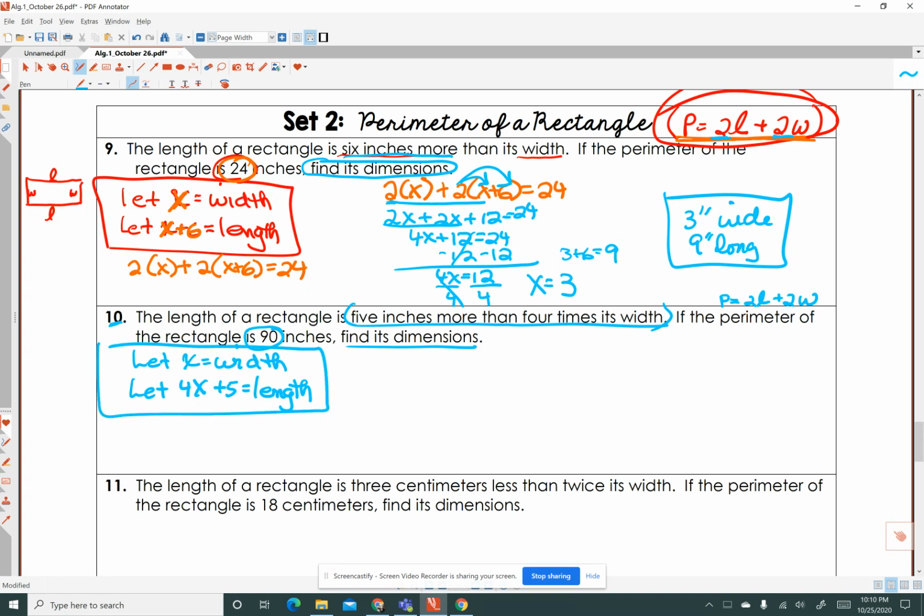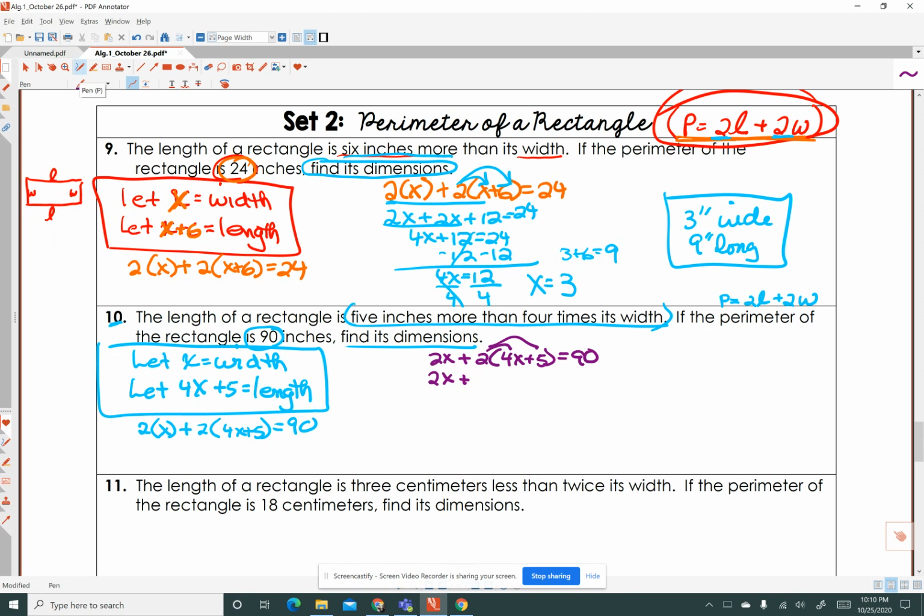Now our equation, remember, 2 times length plus 2 times width. So it would be 2 times x plus 2 times (4x plus 5) equals 90. So let's rewrite that up here. 2x plus 2 times (4x plus 5) equals 90, and we'll distribute. 2x plus 2 times 4 is 8.